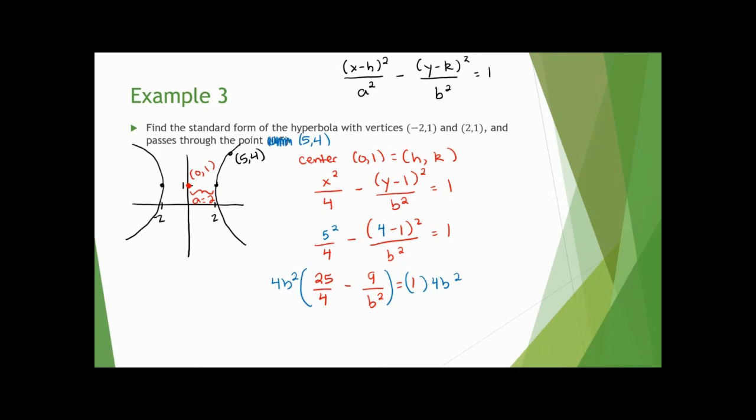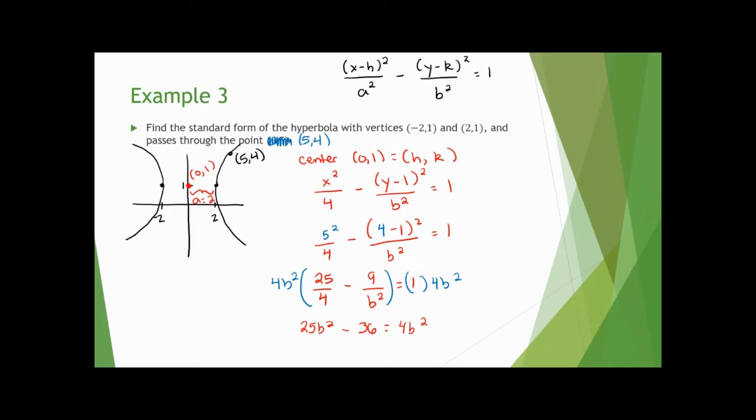So when I distribute 4b squared times 25 over 4, the 4s cancel, so I get 25b squared. Then 4b squared times the 9 over b squared. The b squareds cancel, so I have 4 times 9, which is 36. And then on the right, 1 times 4b squared is 4b squared.